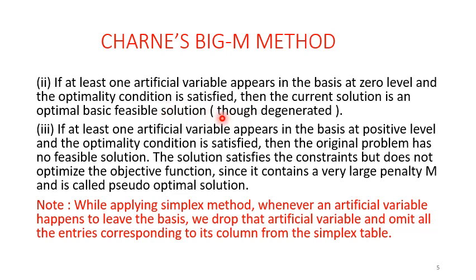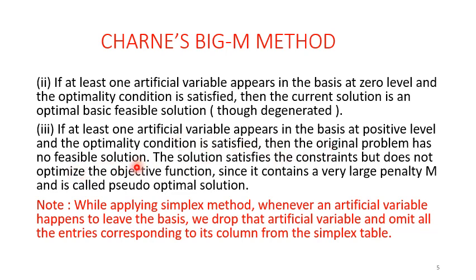Similarly, the third condition: if at least one artificial variable appears in the basis, or the basic solution, at a positive level, with a positive value, and the optimality condition is satisfied, then the original problem has no feasible solution.